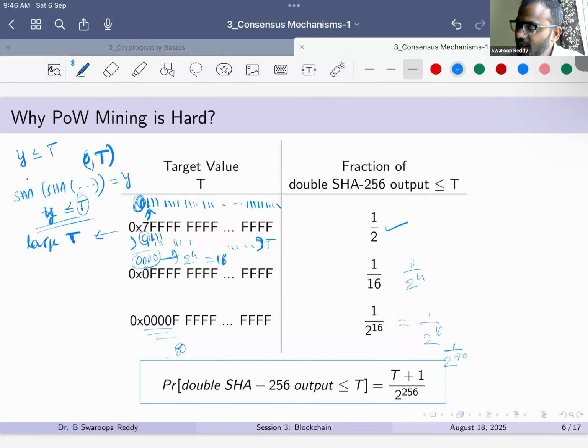The probability of solving this puzzle, that is, getting a value less than or equal to t, is t plus 1 divided by 2 to the 256. If the t value is large, for example, 7 followed by all f's, then the probability will be this one divided by 2 to the 256. This will be around 2 to the 255, so the probability is 1 by 2.